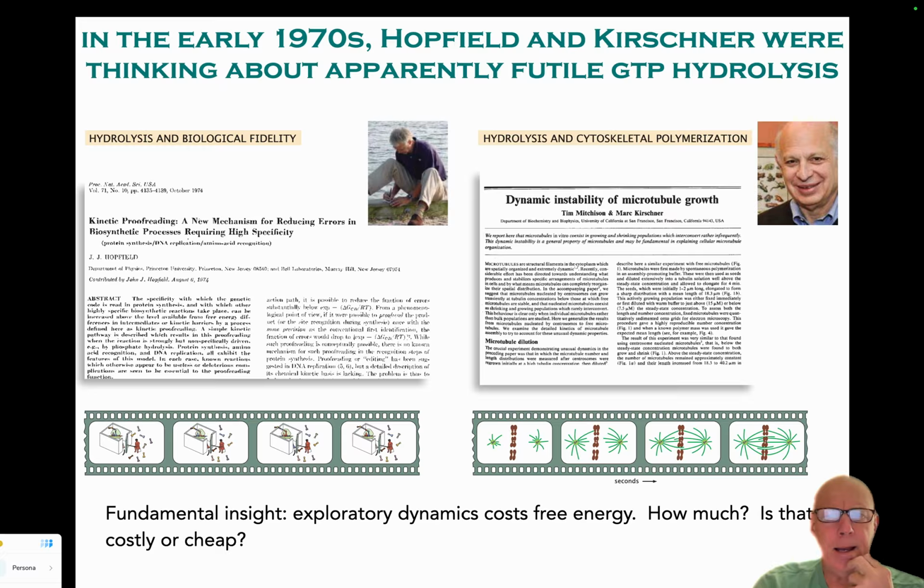What I mean by that is that both of them noticed an apparently futile hydrolysis of GTP. In the case of Hopfield, it was in the context of protein translation. In the case of Kirschner, it was in the context of microtubules and their growth. And I just think it's super interesting that, in a word, exploratory dynamics costs.